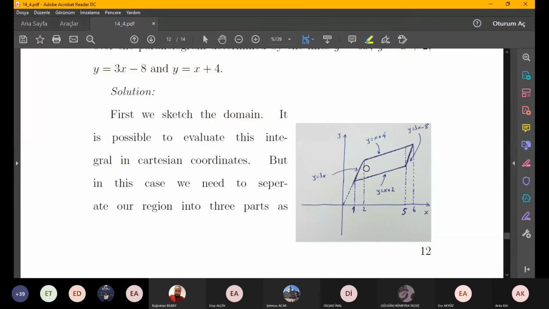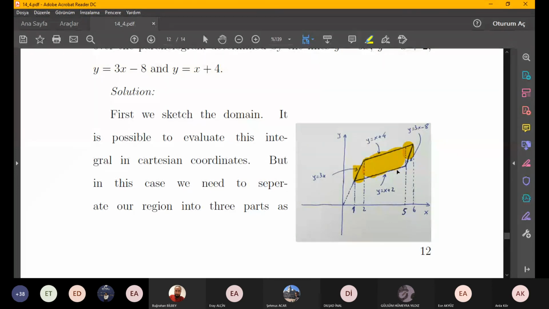The second one is here, and the third one is the other side of the parallelogram. So we have to separate the parallelogram region into 3 parts, and it will take time to do that kind of computation.